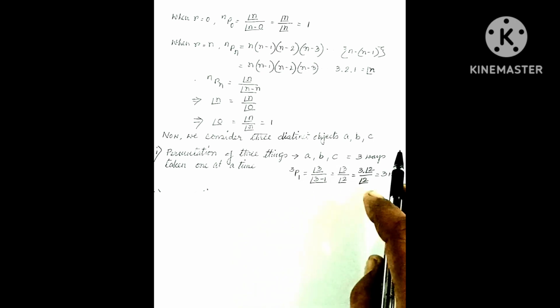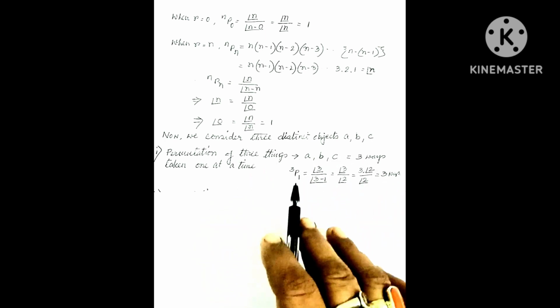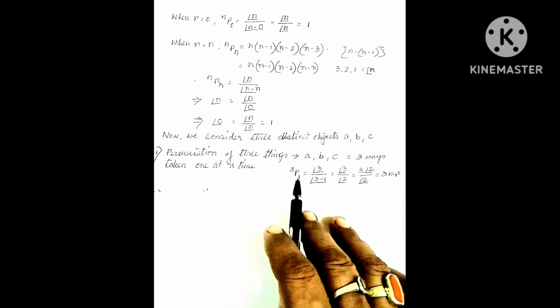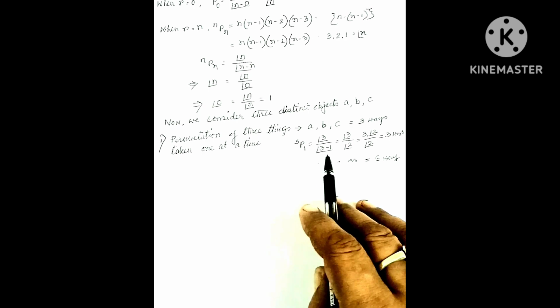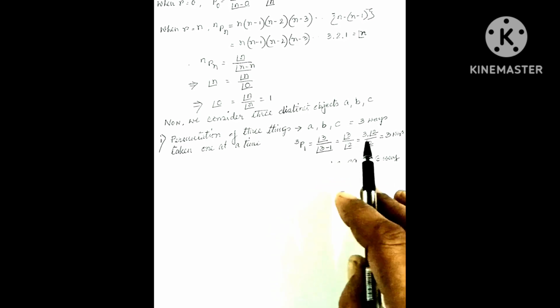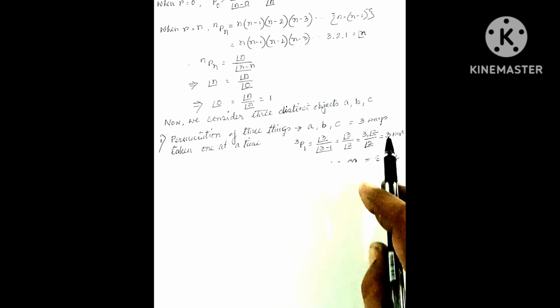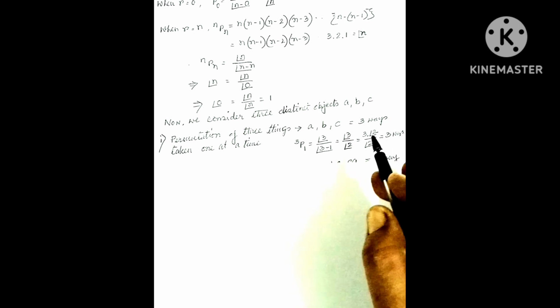There are three arrangements A, B, C. By mathematical calculation, 3P1 is equal to factorial 3 by factorial 3 minus 1 is equal to factorial 3 by factorial 2 is equal to 3 into factorial 2 by factorial 2 is equal to 3 ways. So the logical step is also 3 and the mathematical calculation is 3.